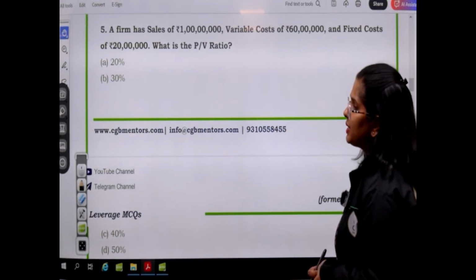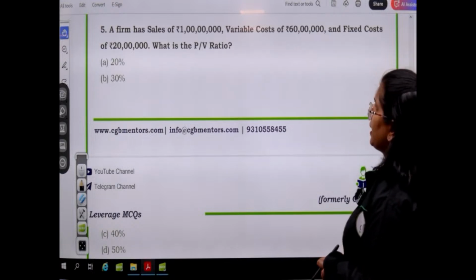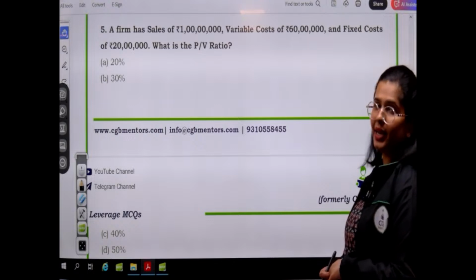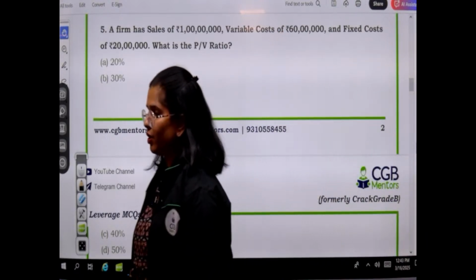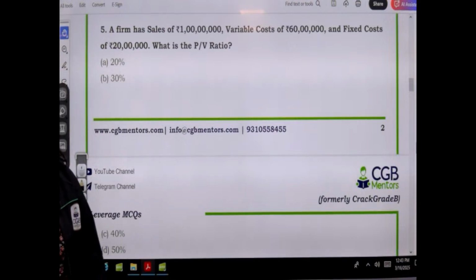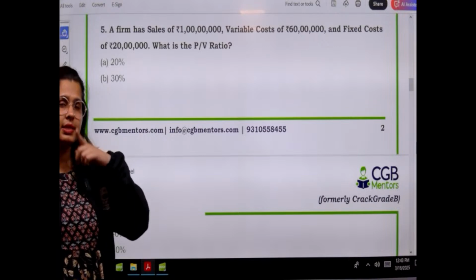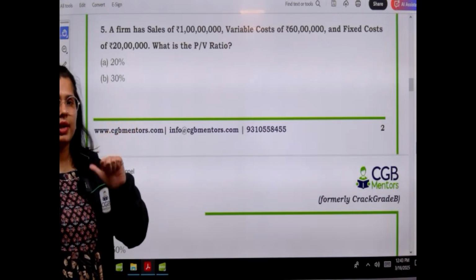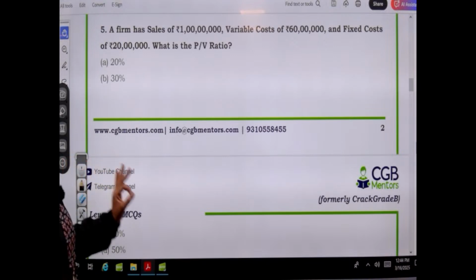Here you are given sales of 1 crore, variable cost of 60 lakhs and fixed cost of 20 lakhs. Clearly, sales less variable cost, I can calculate my contribution. That is 40 lakhs divided by 1 crore, the sales. So 40% is my PV ratio. PV ratio is the contribution to sales ratio.